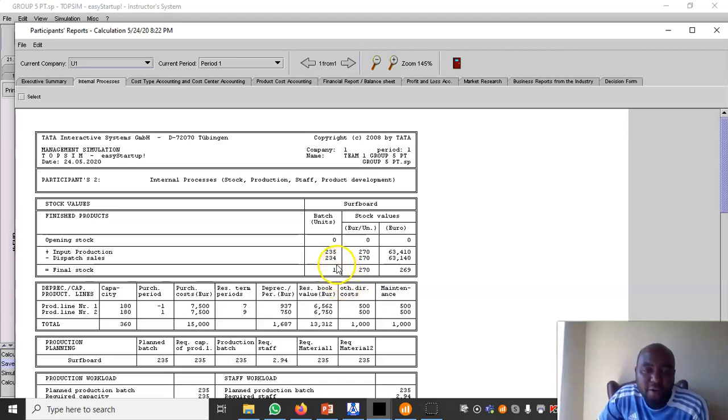So you have to take note of how many units you have, each company, not only team one. In this case, team one only has one, but each of you will receive your reports and you must check how many units you have in the shop currently. You take this and the value per unit, which is the cost it cost to produce this product.